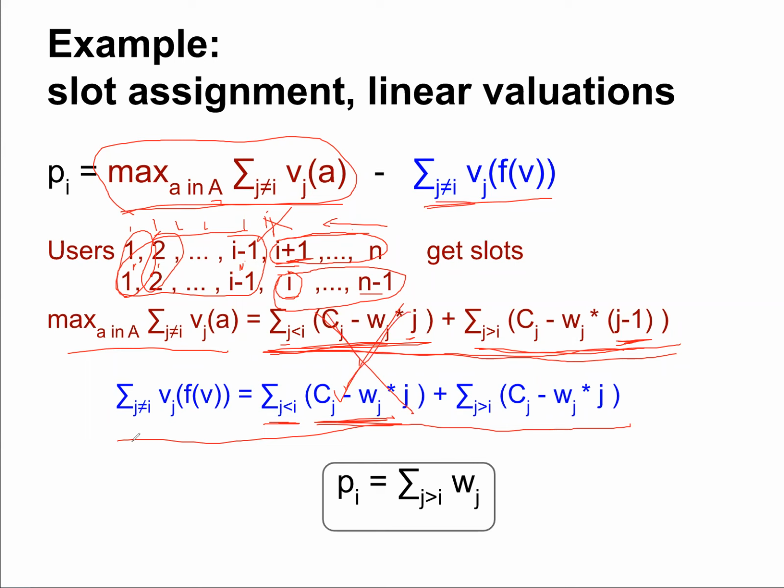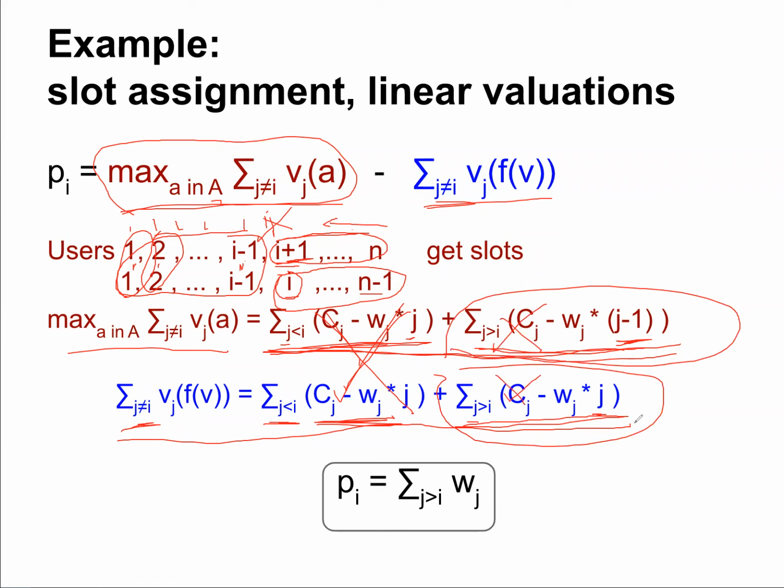And here again, we are summing for all the users except user I and users which are after I. Again, each of them, user J will get slot J. And when we subtract blue from red, then all these CJs go away, and every WJ will be counted once, because here is WJ times J, here is WJ times J minus 1.